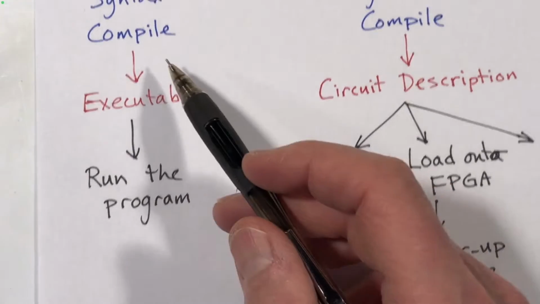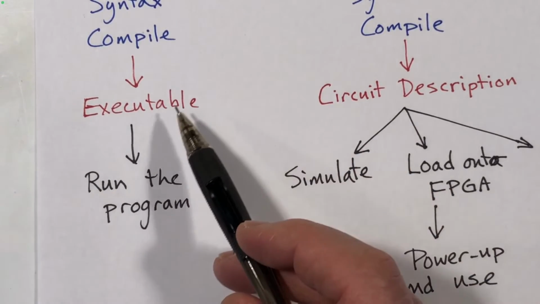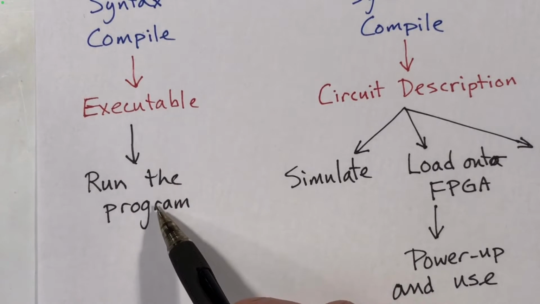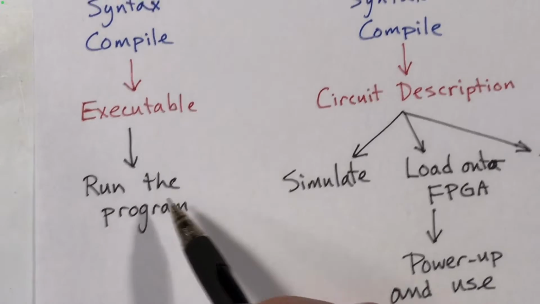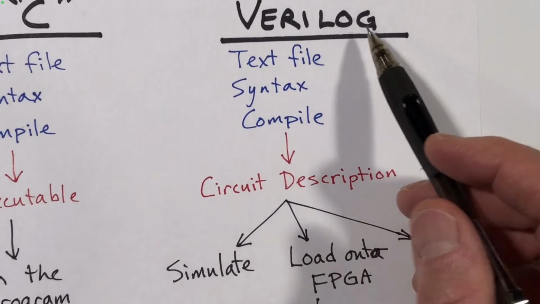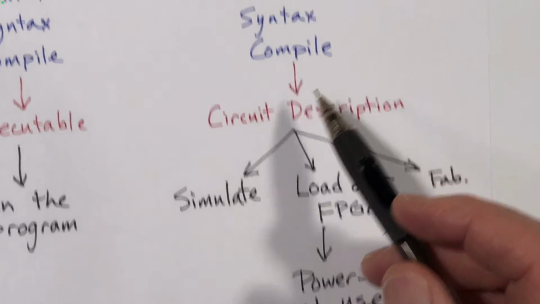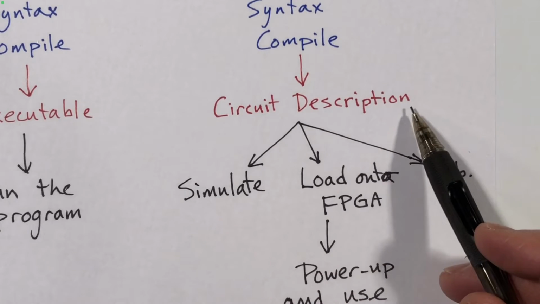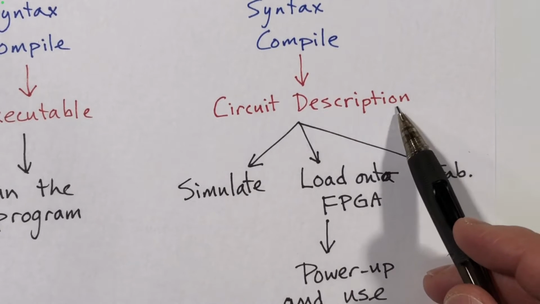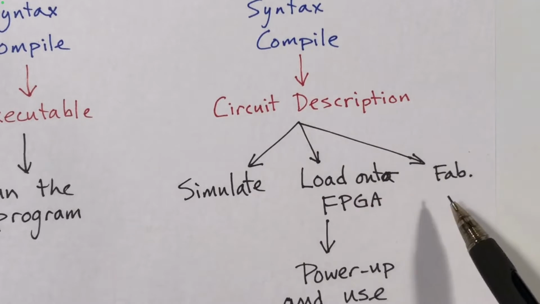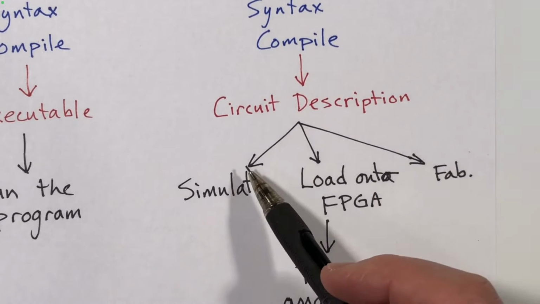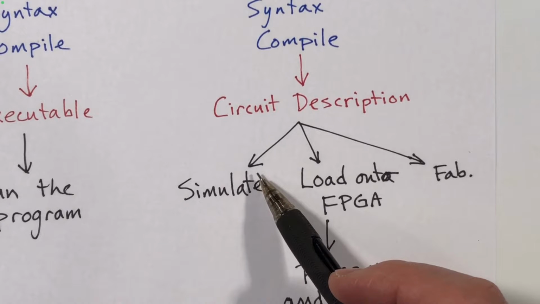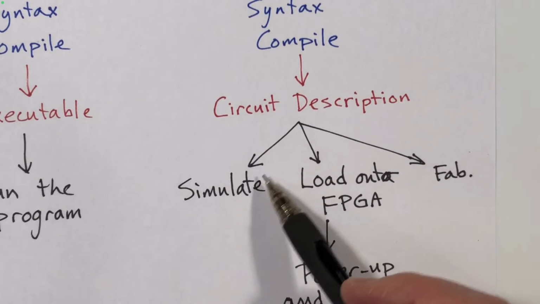In the case of a programming language, the compiler will produce an executable file, which can then be loaded and run on the computer. In the case of a hardware description language, the compiler produces a circuit description, and that's kept in files. With that circuit description, you can do several different things. You can simulate it with some other software to verify that your circuit works as you expect it to work.